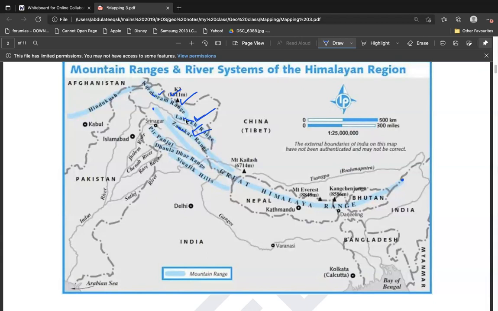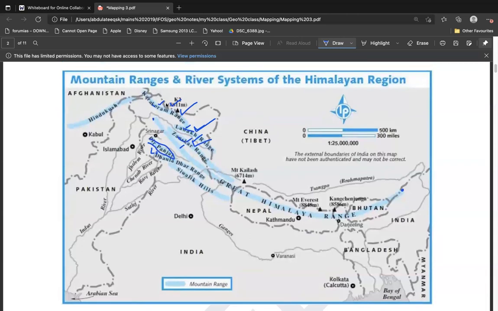Can you see this? Karakoram, Ladakh, Zaskar, and this is the Greater Himalayas. Between the Greater Himalayas and the Pir Panjal ranges are the Lesser Himalayas. Between the Greater Himalayas and Lesser Himalayas, you have the Kashmir Valley, which lies next to the Pir Panjal range.